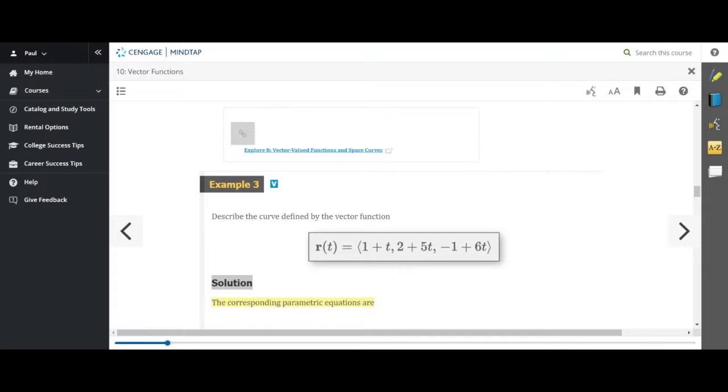The y component is 2 plus 5t. The z component is negative 1 plus 6t. What do these components have to be coming from? They are parametric equations. That's right, Alexander. Parametric equations of a line in three-dimensional space.